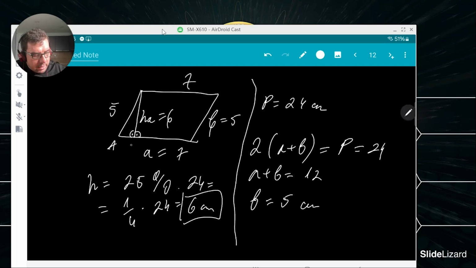The problem here is that I am getting a right triangle. Let's put letters A, H, B, C, D. The right triangle AHD has a hypotenuse AD, which is 5 centimeters, and side DH, which is 6 centimeters. The problem with that is that a right triangle must have the hypotenuse as its greatest side.